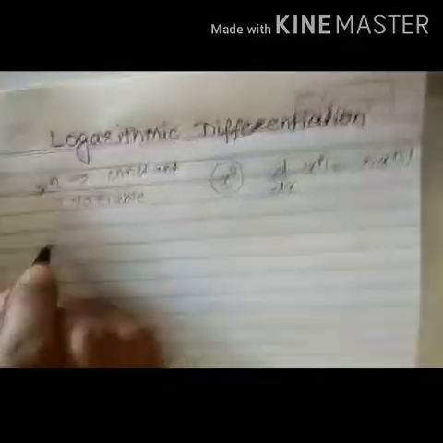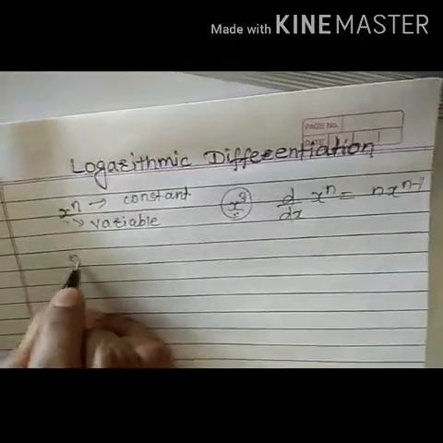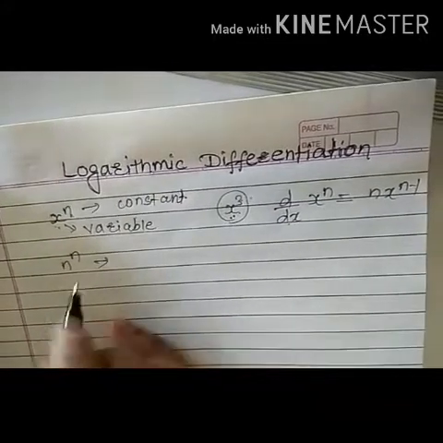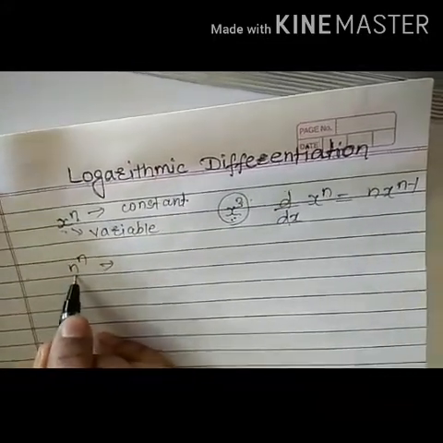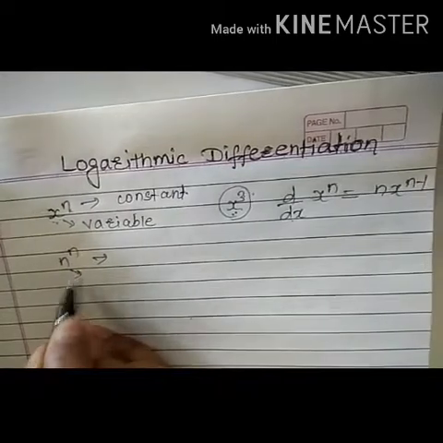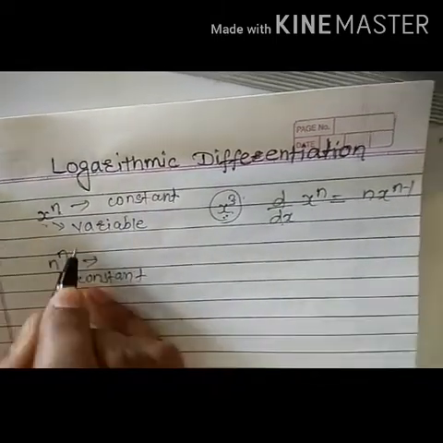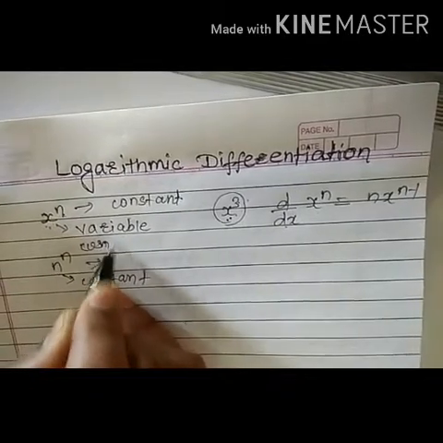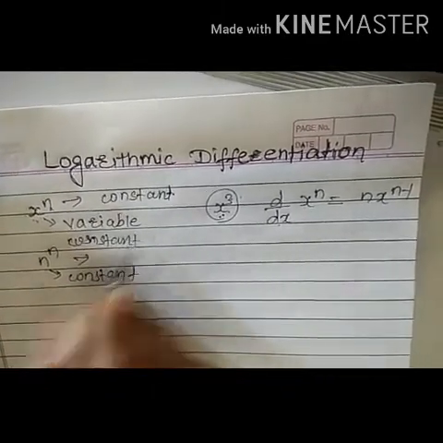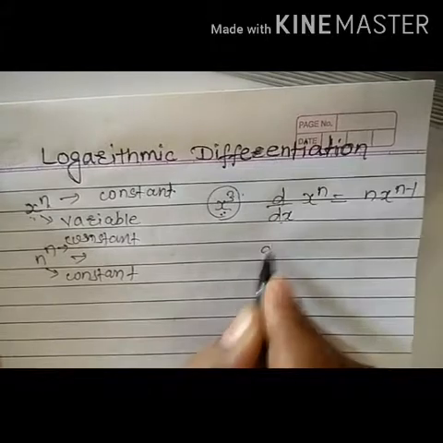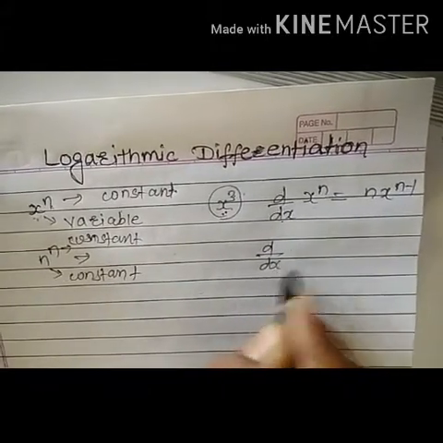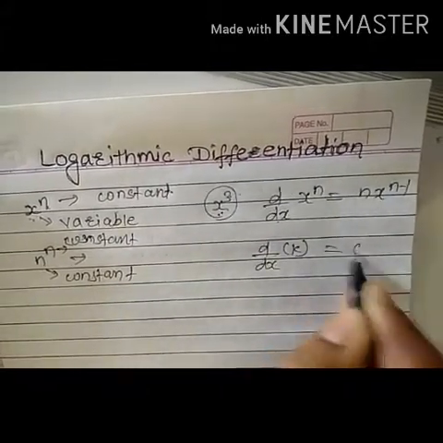Sometimes, in n raised to n, the base is constant and the power is also constant. Then we use the derivative of a constant k equal to 0.